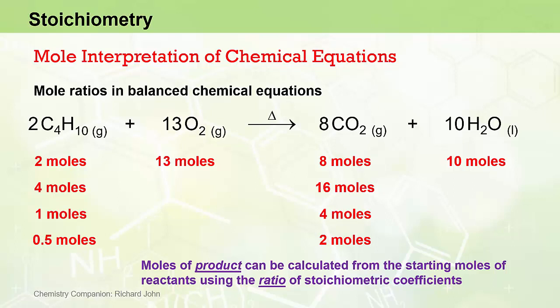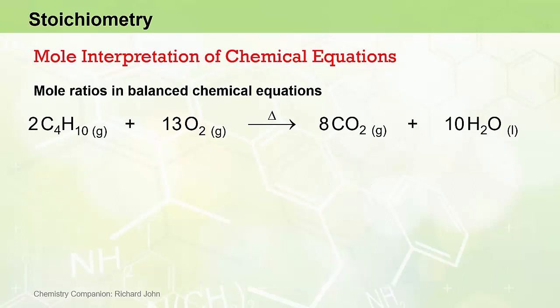If now, however, instead of calculating the moles of product produced, we wanted to calculate how many moles of a reactant would be required to react with another reactant, how might we do that? For example, if we started with 2 moles of the reactant C4H10, how many moles of the reactant O2 would be required to completely react with the 2 moles of butane?